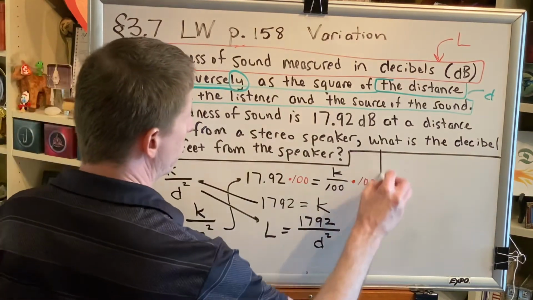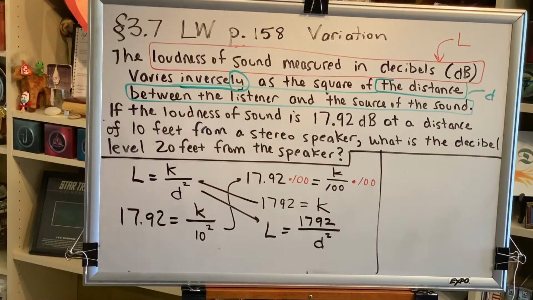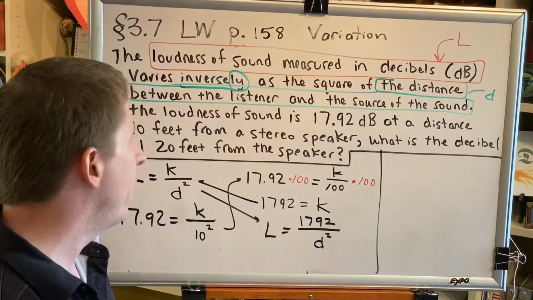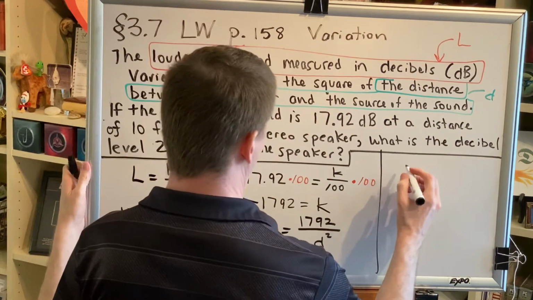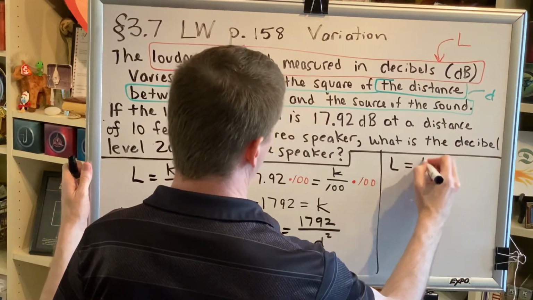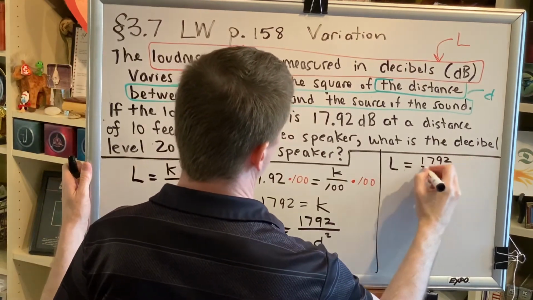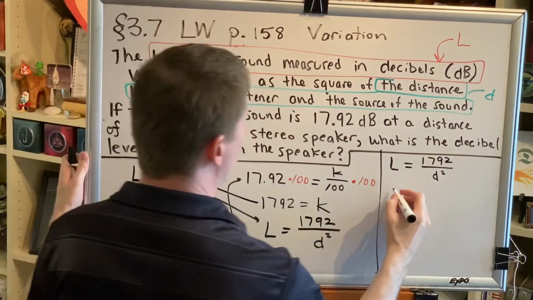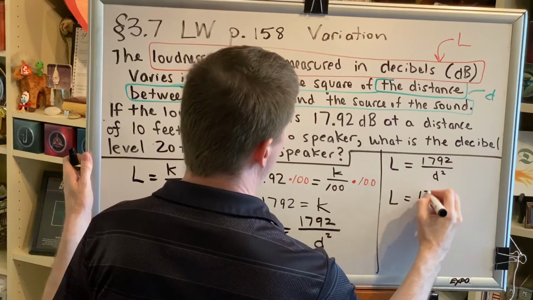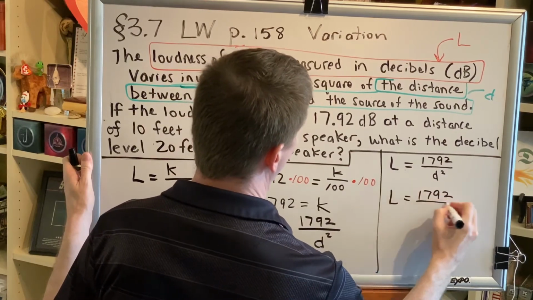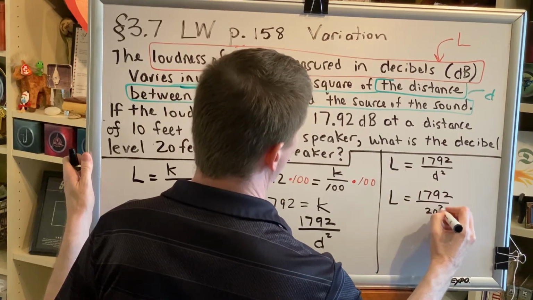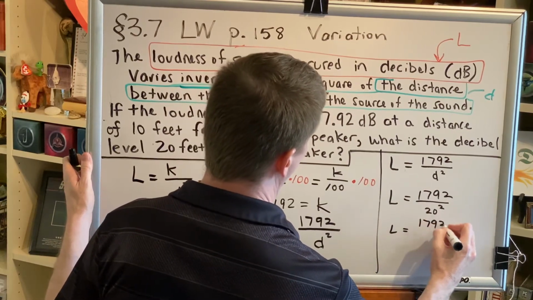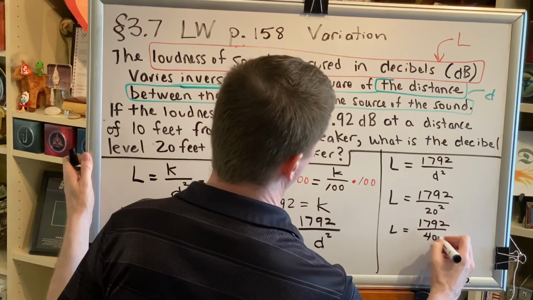Okay, this moves us on to the last sentence. What is the decibel level 20 feet from the speaker? Well, 20 feet is a distance. So we're going to take this equation and replace the distance D with 20. We get L equals 1792 over 20 squared, which is 1792 over 400.